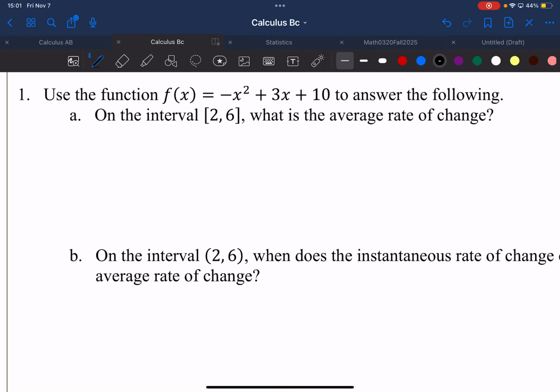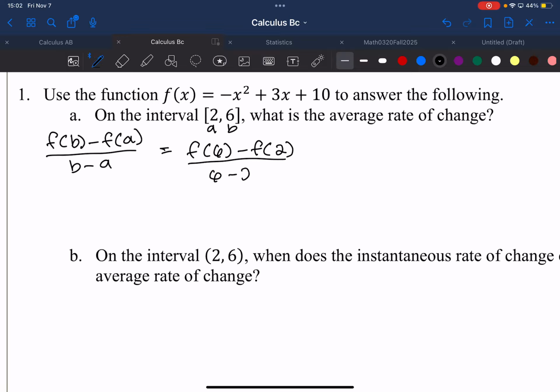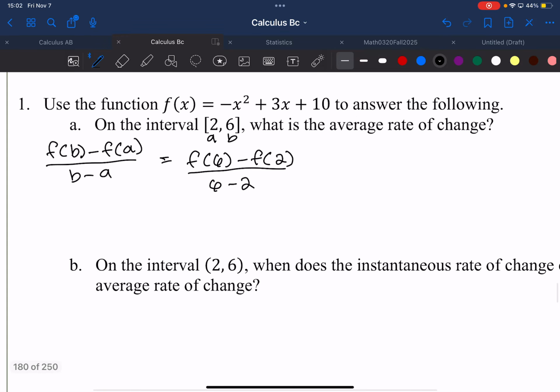We use the equation f of b minus f of a over b minus a, where a and b are 2 and 6. So this would be f of 6 minus f of 2 over 6 minus 2. How would we find f of 6 and f of 2?